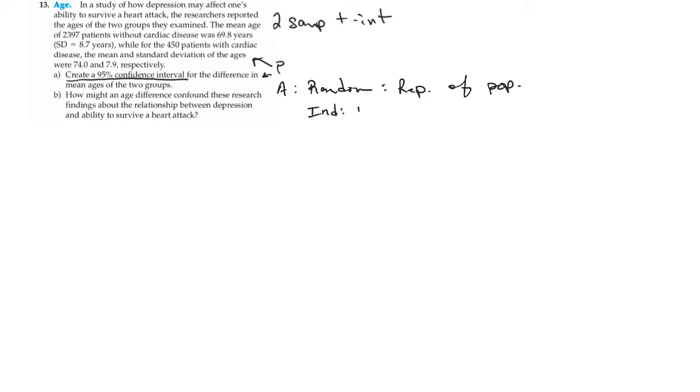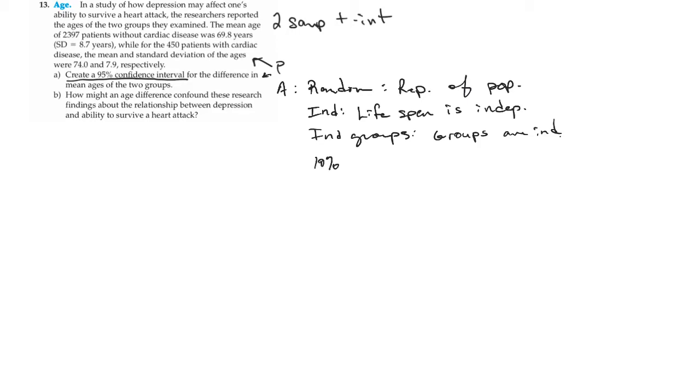And of course, lifespan is independent. Independent groups. Groups are independent. You're looking at whether they have a heart attack or if they haven't had a heart attack, so you've got very different groups. So the groups are definitely independent.